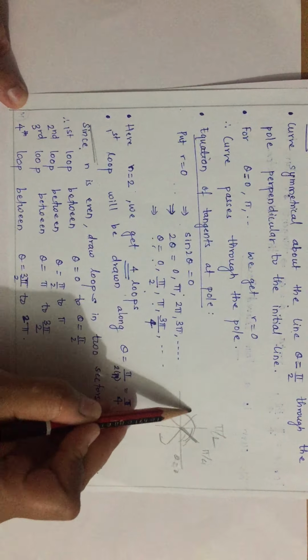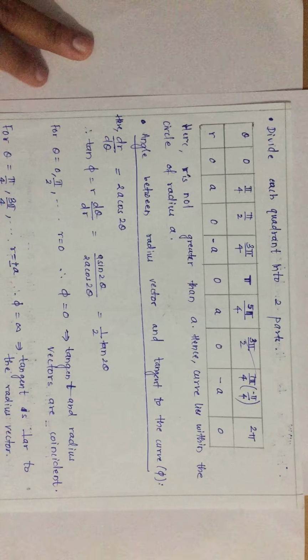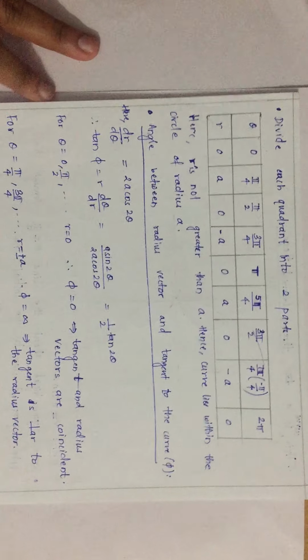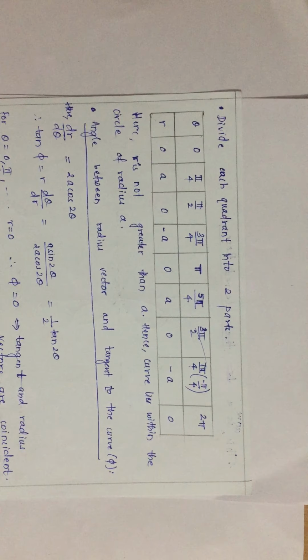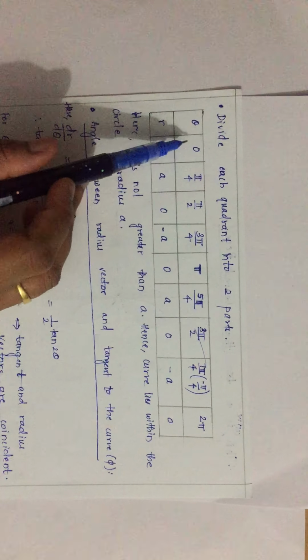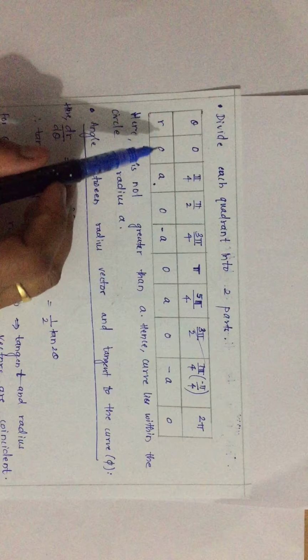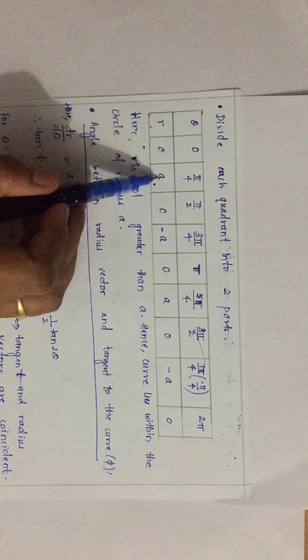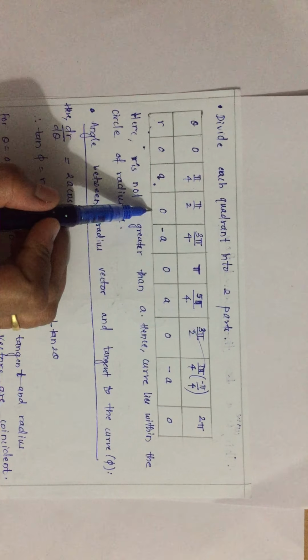So we make tabular data and check how r varies depending on theta. For theta equal to 0, r is equal to 0. For theta equal to pi by 4, r is equal to a, means the distance of r is a from the origin. At theta equal to pi by 2, r is equal to 0.